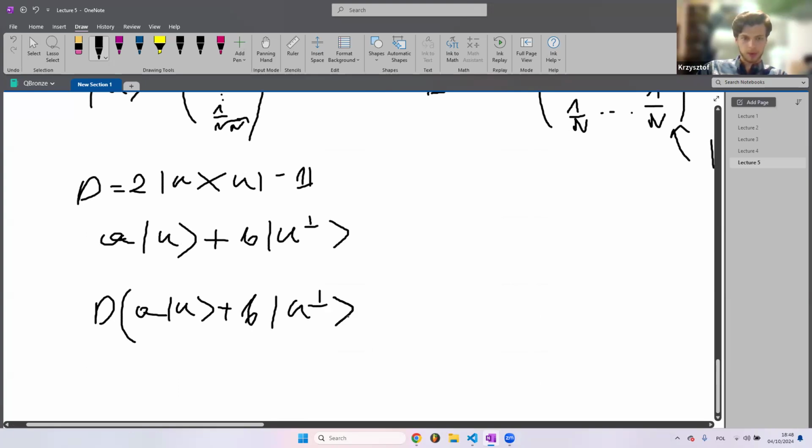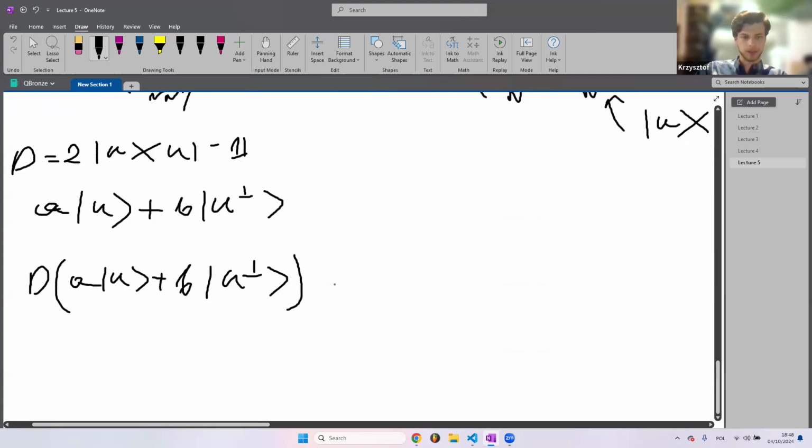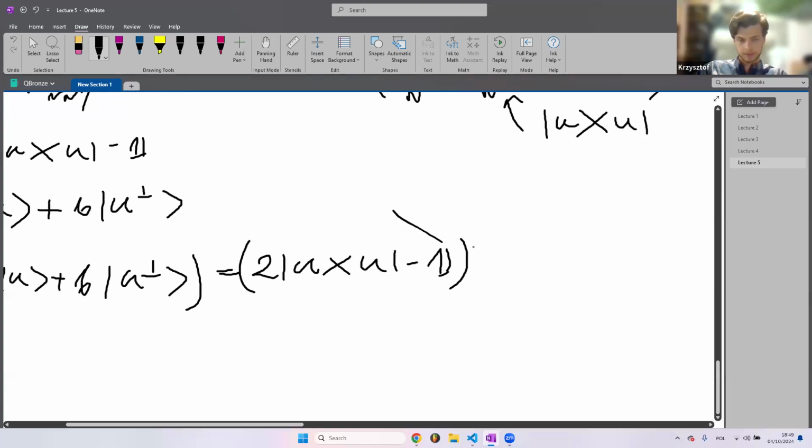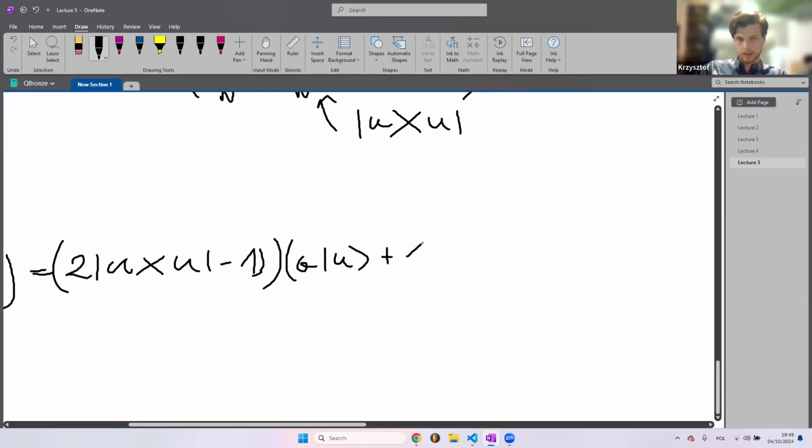And here I will show you also how powerful the bracket notation is. So we have 2 U minus 1 applied to a U plus b U perpendicular.